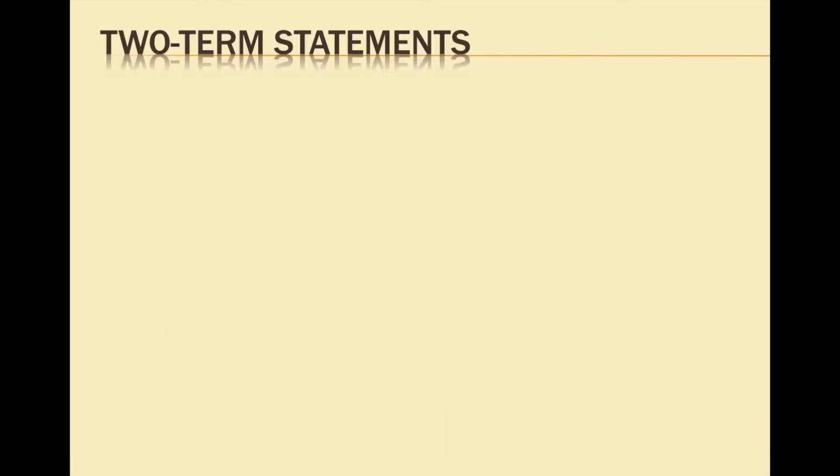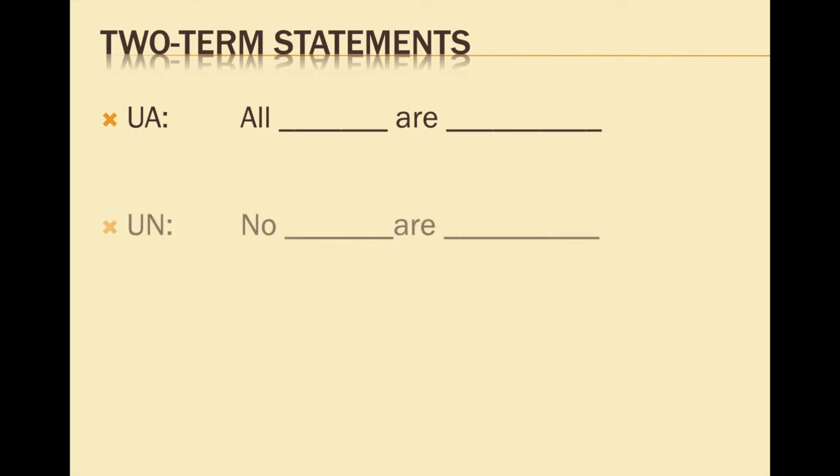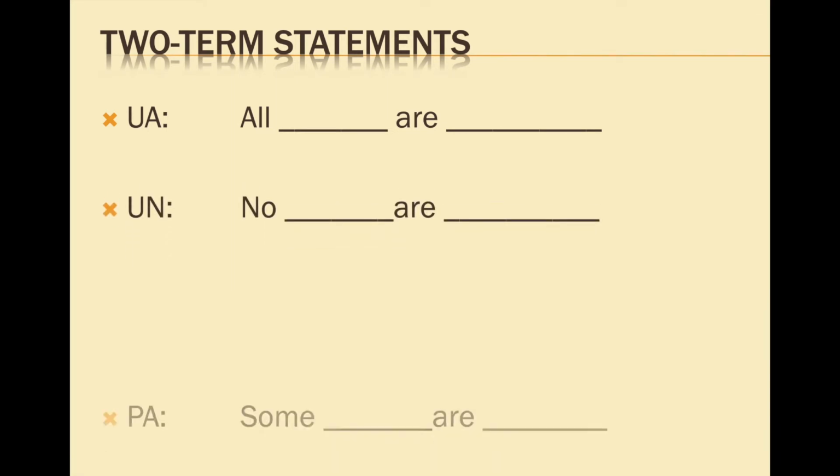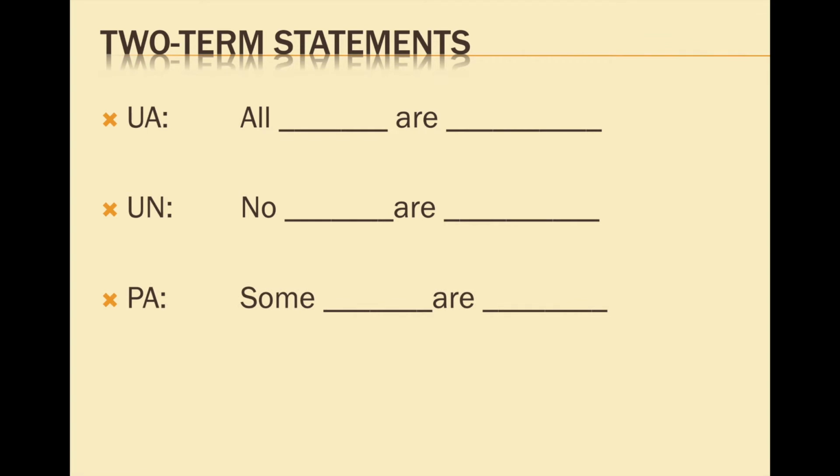So just by way of review, remember that we have the four forms of two-term statements: universal affirmative, universal negative, particular affirmative, and particular negative. And each of these types of statements, first of all, expresses a relationship between classes or categories of things, people, ideas in the real world.